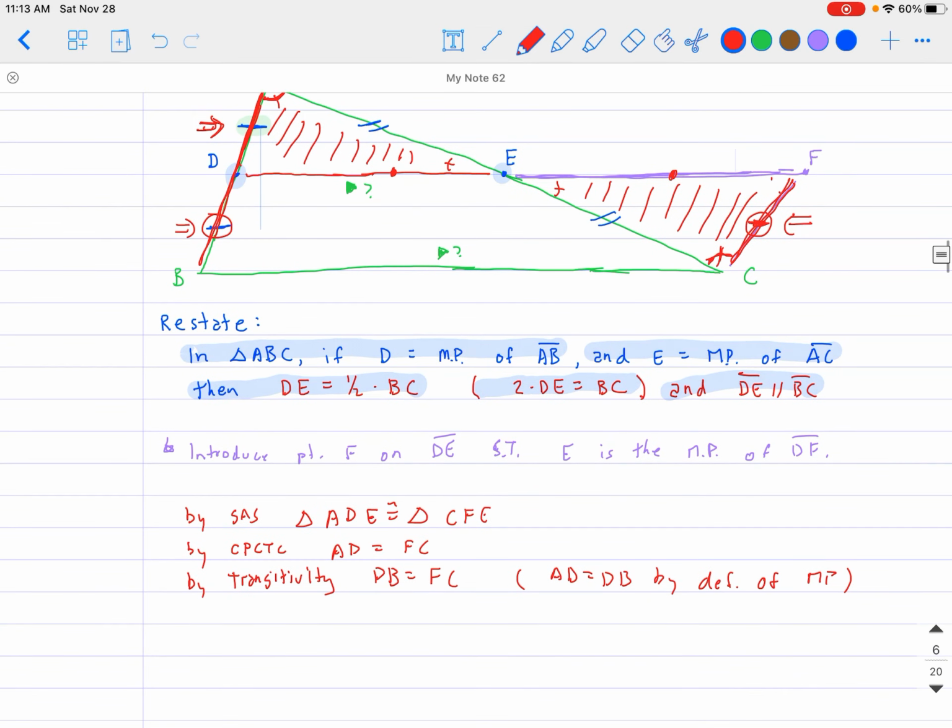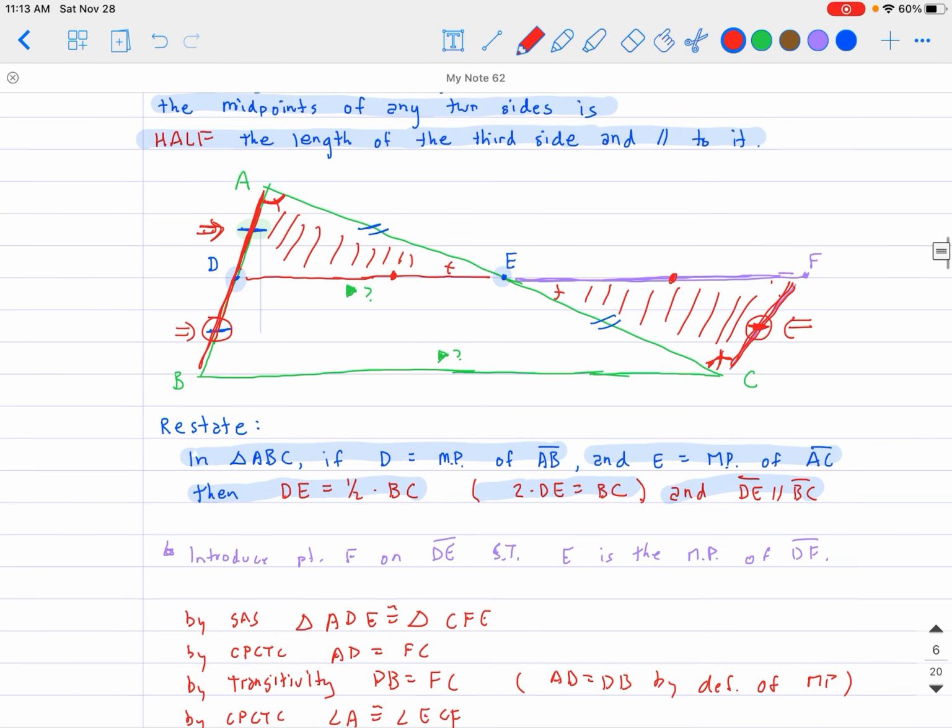And then what I concluded earlier was that we're going to use CPCTC one more time to say that angle A is congruent to angle ECF. And then from there, we can say by AIP that AB, the side, is going to be parallel to FC, the side.